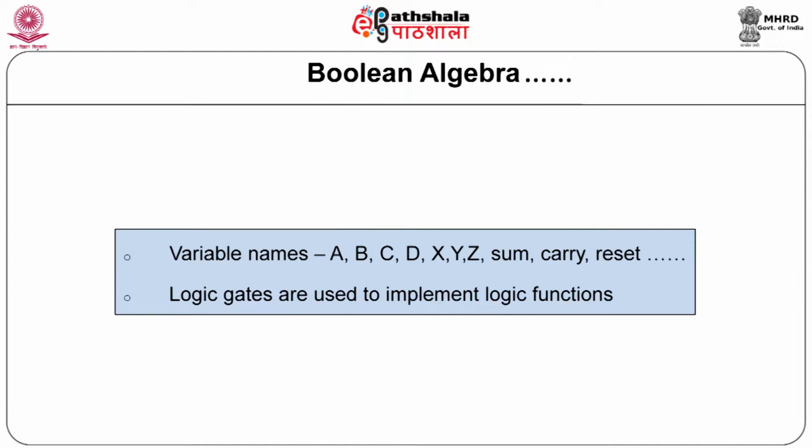Variable names can be represented as a single character or a word, like variables A, B, C, D, X, Y, Z, sum, carry, reset, etc., used in Boolean algebra. Logic gates can be used to implement logic functions. The three basic operators provide logic functions using AND gate, OR gate and NOT gate.